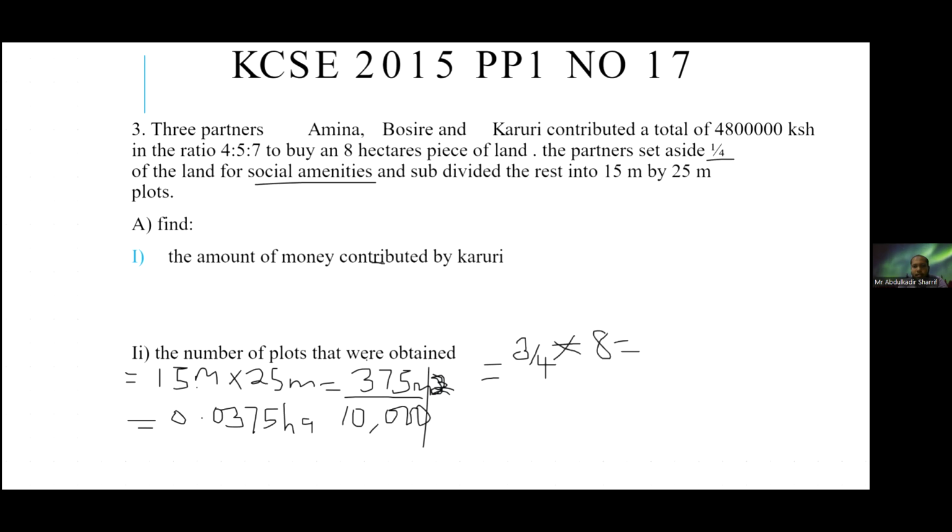So these 6 hectares are now subdivided into 15 meter by 25 meter plots. If I want to find out the total number of plots, I take 6 hectares, divide by the hectares for one plot, which is 0.0375 hectares.